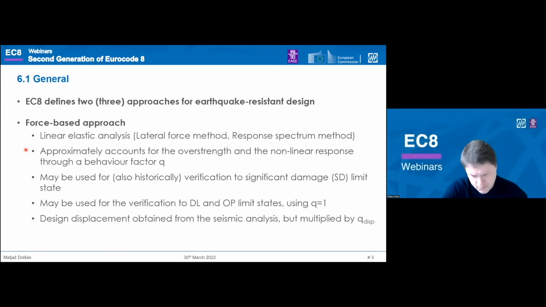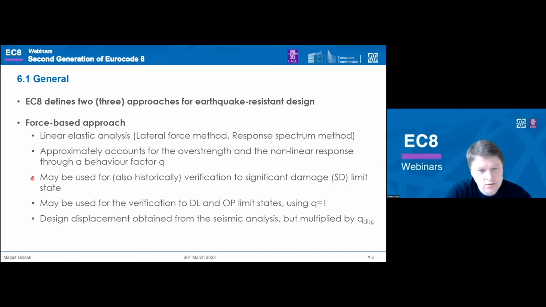Of course, this is the consequence of the scope of the code, where the first goal is that we protect human lives and we allow damage in the buildings, while in the case of linear elastic analysis, we cannot simulate the damage. From this point of view, we have to somehow account approximately for the nonlinear behavior, and this is done through the behavior factor, which means that we reduce the seismic action. This is basically the same concept as was already practiced in Europe based on the current code.